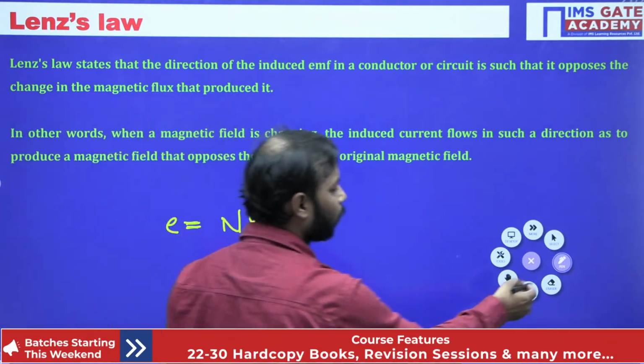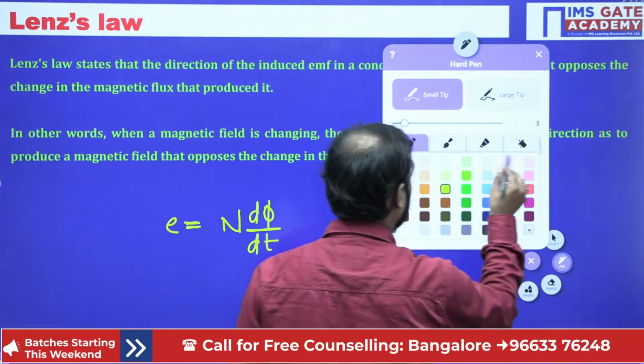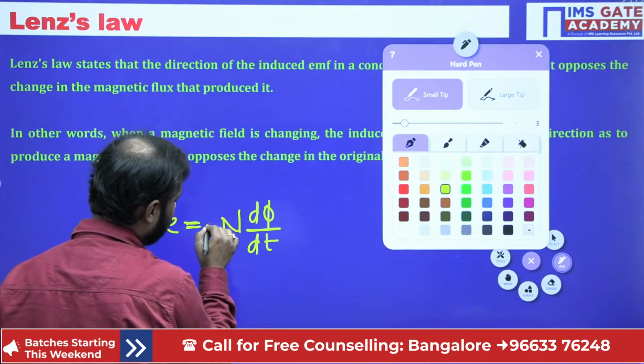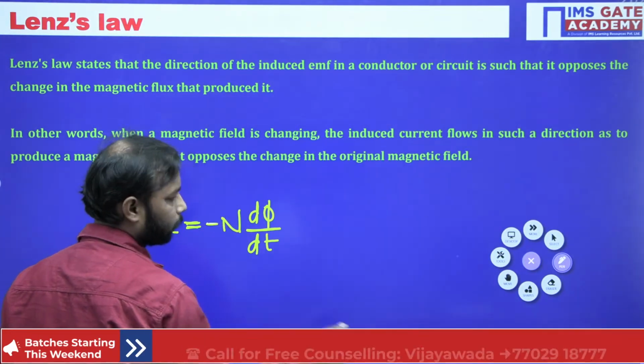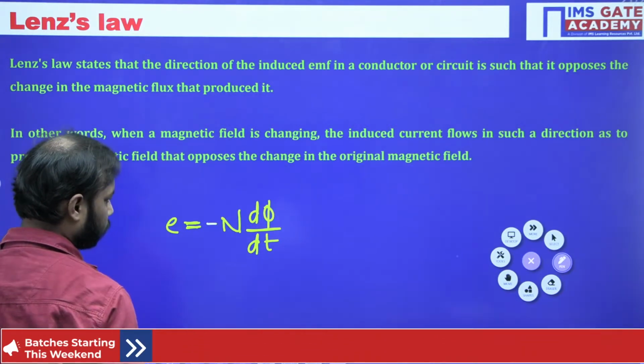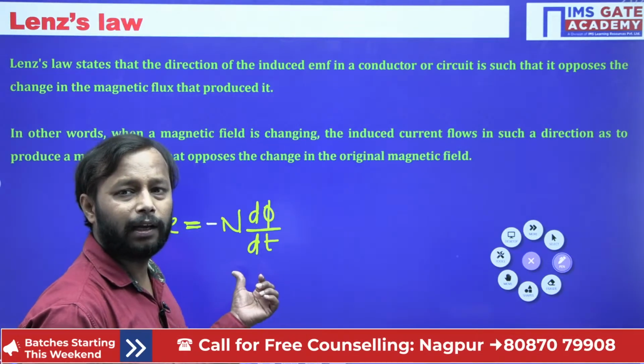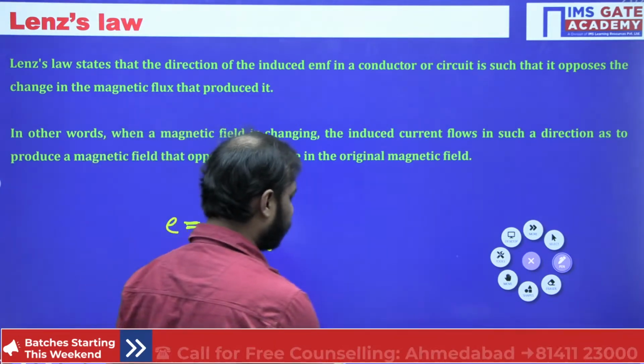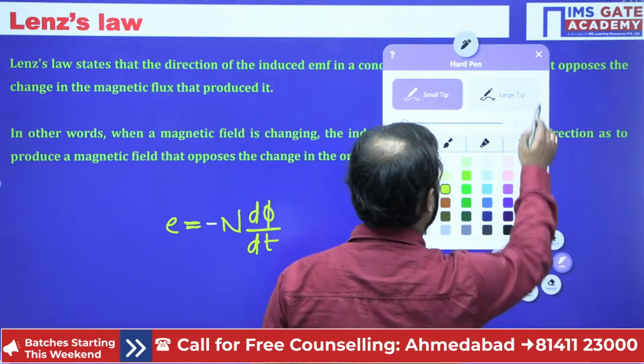Opposes means you have to place a negative sign. So this negative sign implies the opposition.